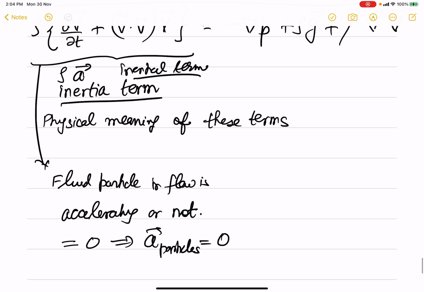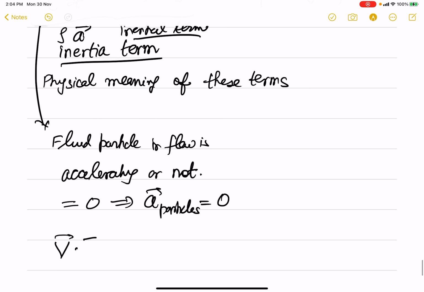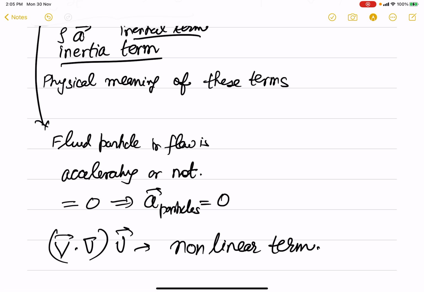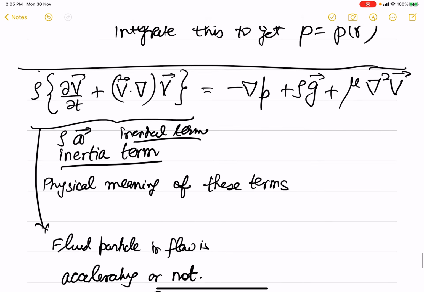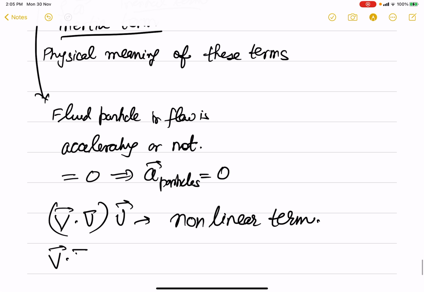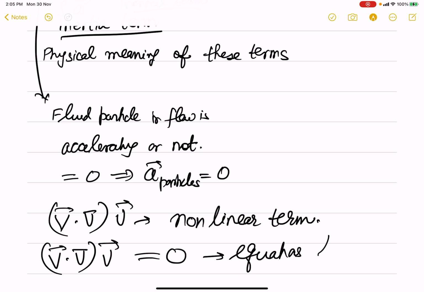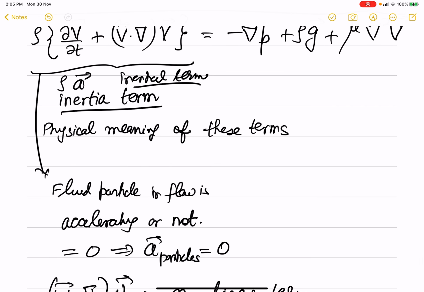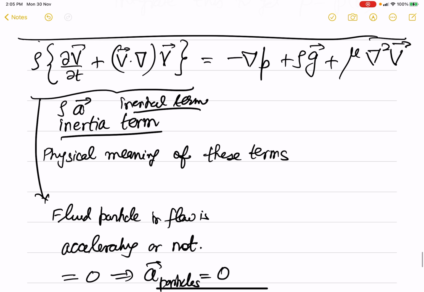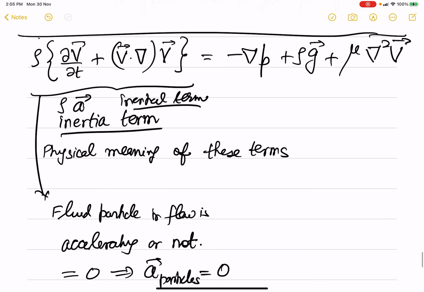Well, from a mathematical viewpoint, we also realize that v dot grad v was the non-linear term. So if this term turns out to be 0, the equations will become linear in P and V. Now, if this total term is 0, particles will not accelerate.